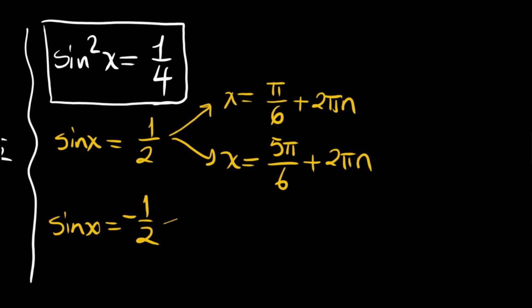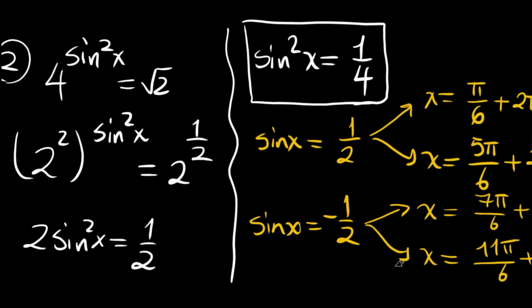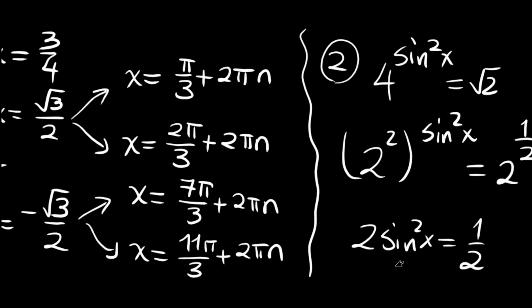And the negative ones are, actually here we will have 7 pi over 6 plus 2 pi n, and 11 pi over 6 plus 2 pi n. We had a mistake before.